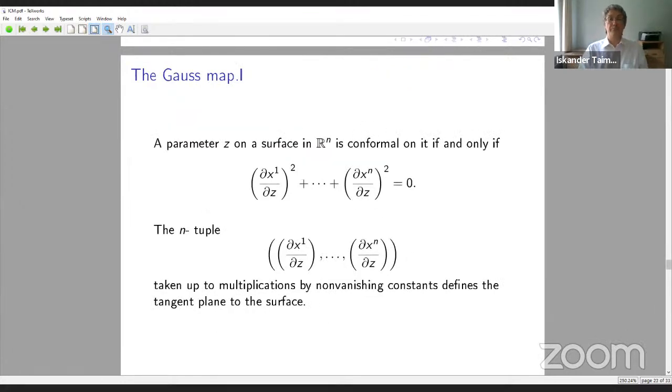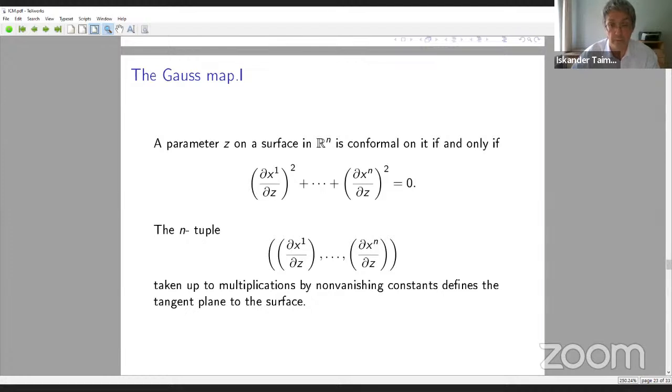Now we have to explain why these dimensions 3 and 4 are exceptional for this case. You see, just by simple computation, the parametrized surface in Rⁿ is conformal if and only if this quadratic equation holds. This is just a straightforward calculation. Then the tuple of these derivatives of coordinates in z, taken up to multiplication by a non-vanishing constant, defines the tangent plane to the surface.